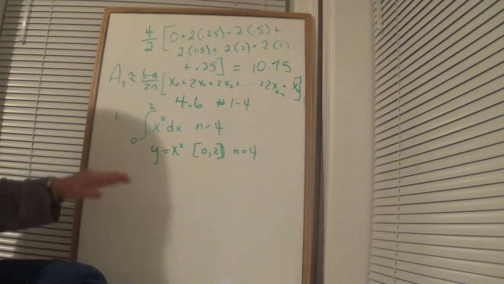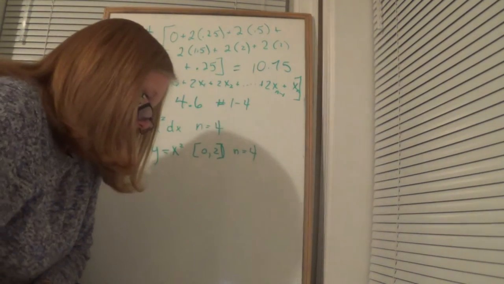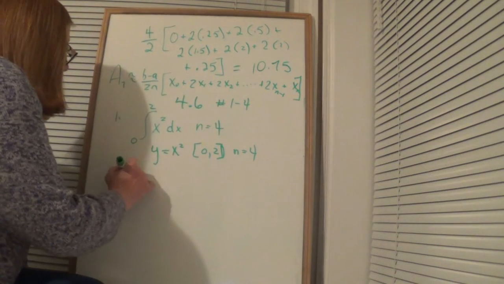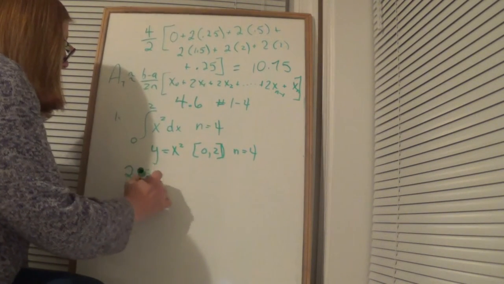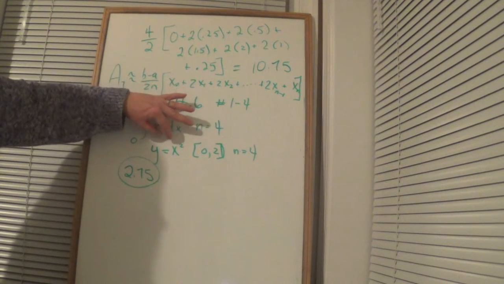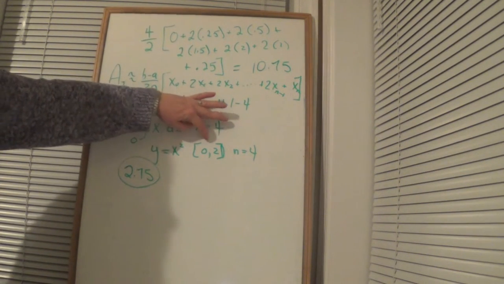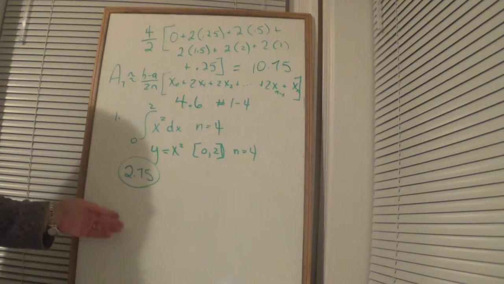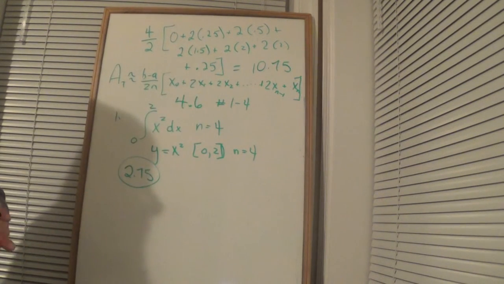Alright, so go ahead and try that one. I'll give you the answer to the first one and see if you guys can get it. 2.75. And so set up your trapezoidal rule. Draw a sketch of y equals x squared between 0 and 2. Divide it into 4 boxes, 4 trapezoids. And then use this trapezoidal rule.